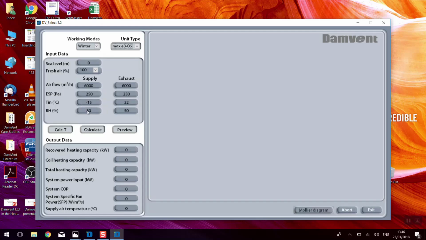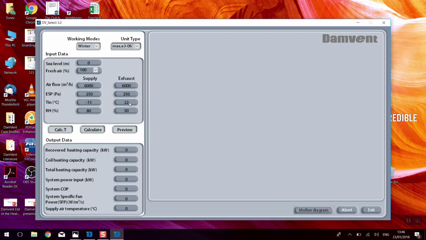In our selection software, as preset values, we always put in winter mode minus 15 degrees ambient temperature, just to show, which is very important, that this solution does not use any other additional heating sources in winter mode. So we always put minus 15 as the ambient temperature.